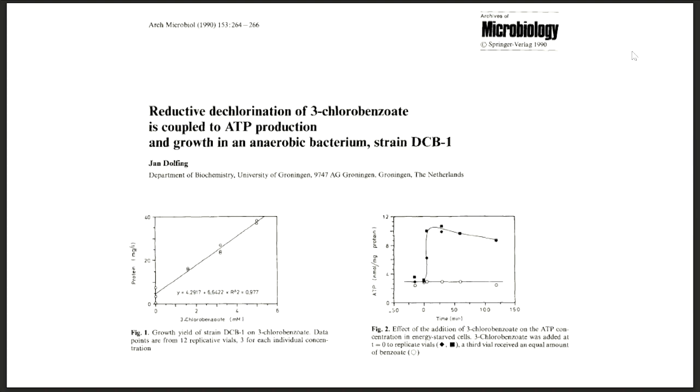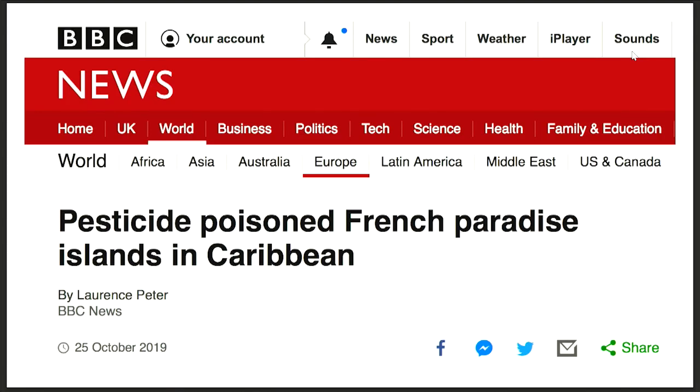And we also did ATP measurements, and you can see that as soon as we added 3-chlorobenzoate, then the amount of ATP in the cells increases. And if you just gave it at the same time a benzoate, then it didn't change. So in the pure culture we could show that ATP was produced as well.